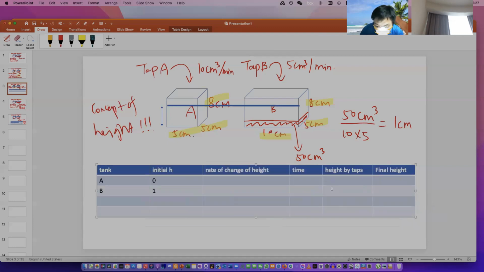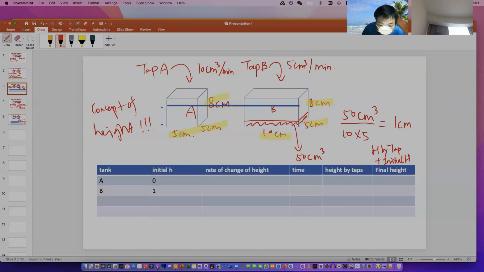So just to make sure you understand, the final height here will be height by tab plus the initial height. Let me use short form: this h by tab plus the initial h will give you the final height.